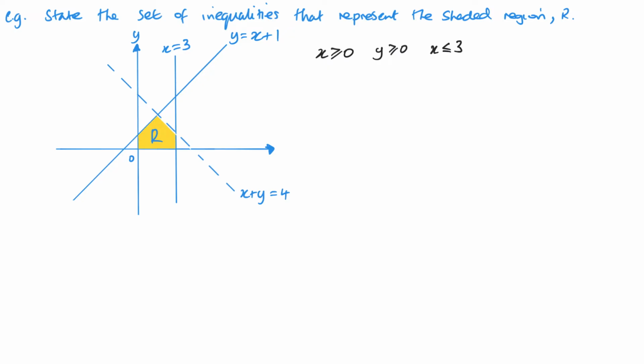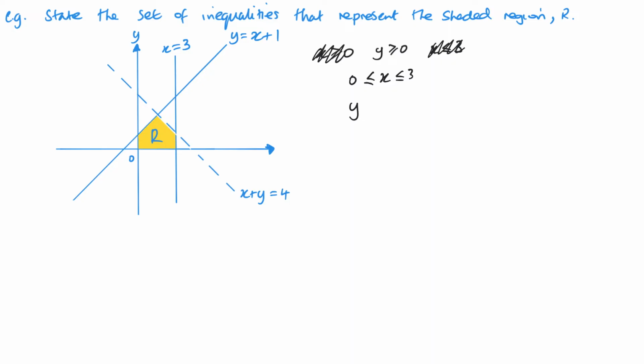Before I move any further, you can see that between 0 and 3, these two can be replaced by a single one. So x is less than or equal to 3 but greater than or equal to 0. I can get rid of these two and it's now been replaced by a single inequality. So I've got two inequalities, and now two left to do.